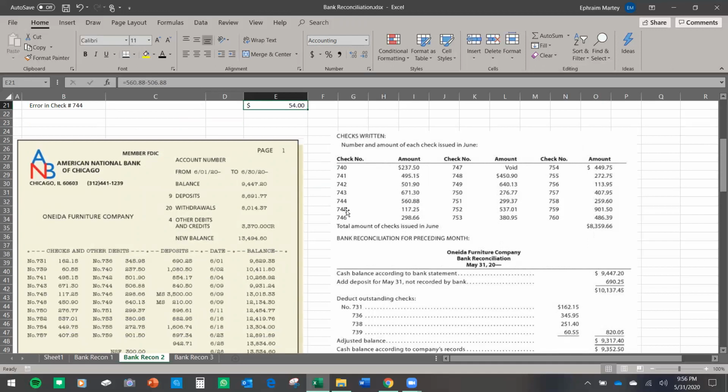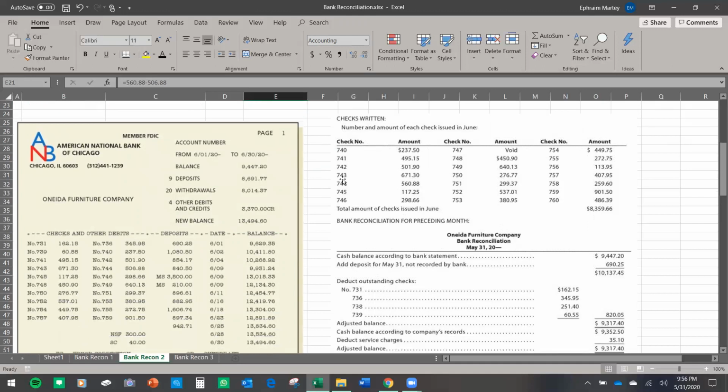Now let's go to 745 to see if it's there. Let's look for 745 right here. 117.25. 117.25.